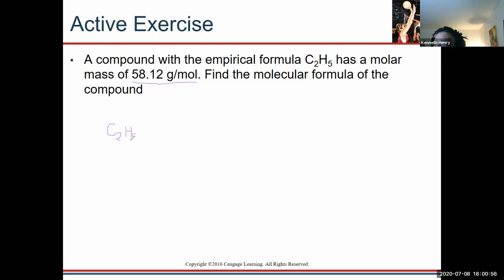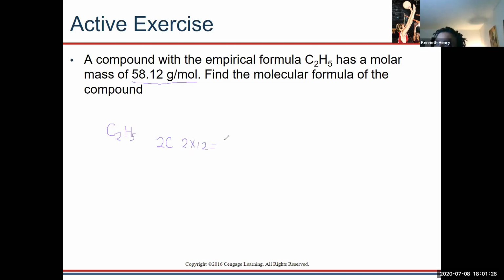So how many carbons do we have in C2H5? 2. So C2, how many carbons do I have? 2, so it'd be 2 times 12, that's 24.